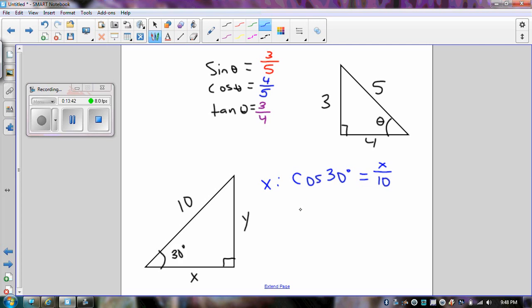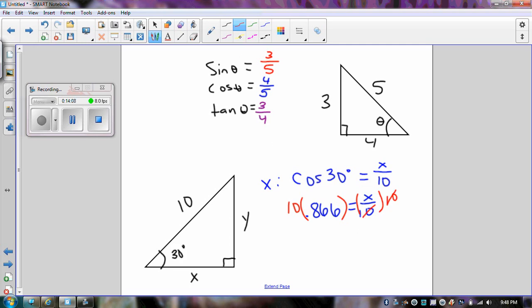So if I take the cosine of 30 degrees, I'm going to get 0.866 approximately, and that's going to be equal to x over 10. Then to solve for my x, I would just multiply both sides by 10. By multiplying the right side by 10, that would cancel out my 10s there.